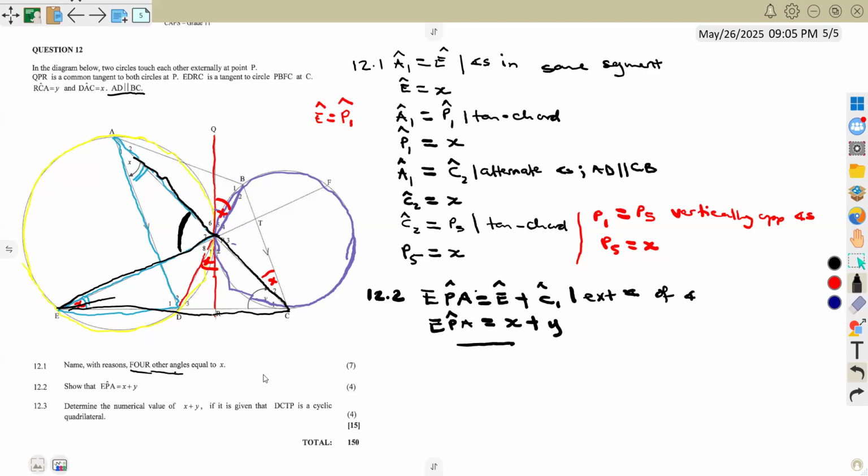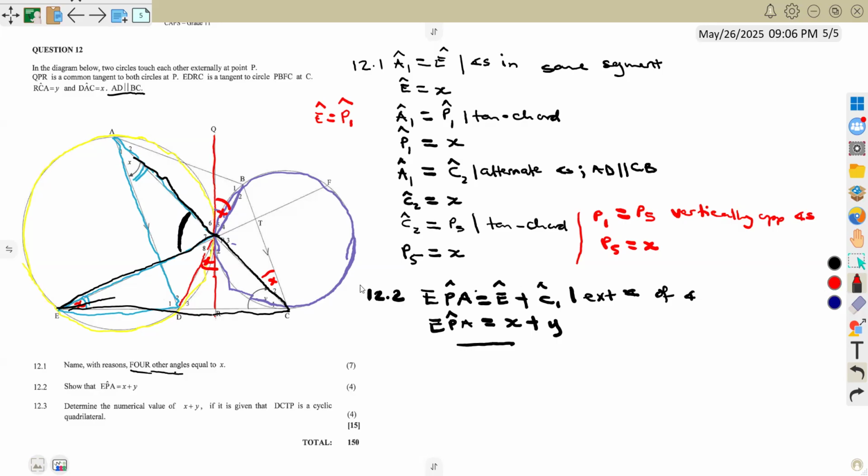Then the next part says determine the numerical value of X plus Y if it is given that D, C, T, P is a cyclic quadrilateral. So we have to mark that.